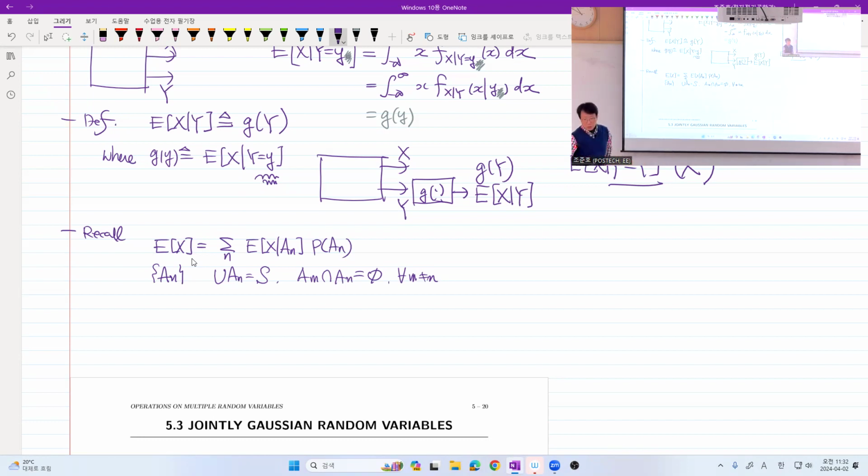Now, given two random variables X and Y, I'm going to ask you how to compute the expectation of X using the conditional expectation of X given Y. Okay, question. Which one?